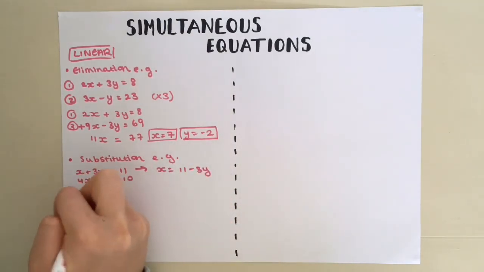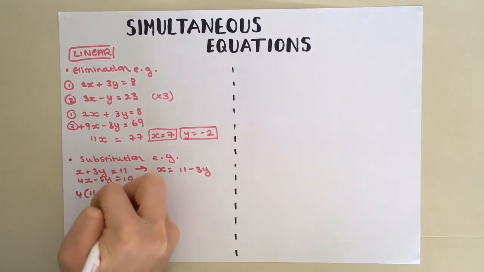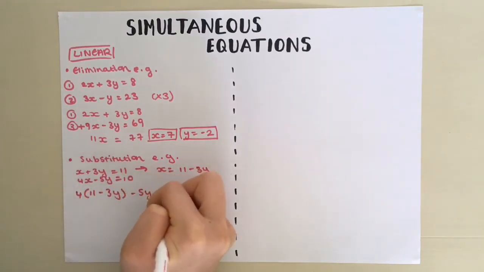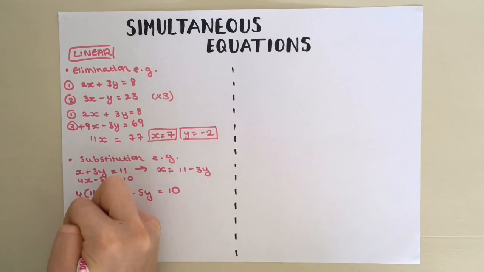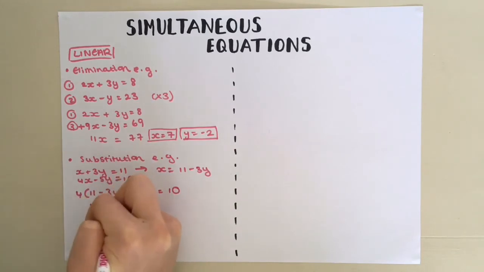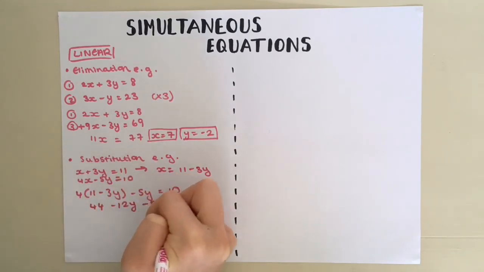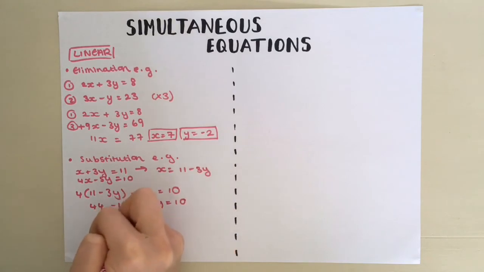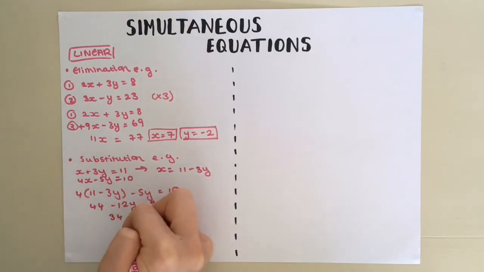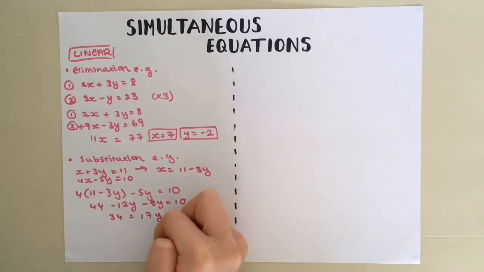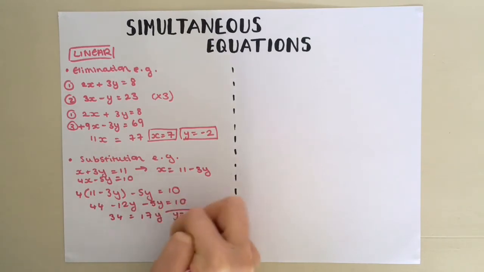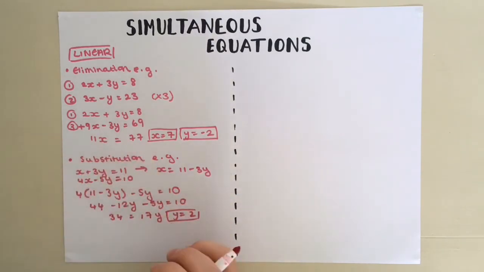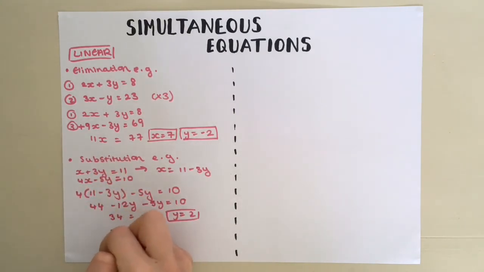So 4 times 11 minus 3y minus 5y equals 10. And we can multiply out this and rearrange it. Therefore 34 equals 17y, y equals 2. And then again, like we did with the first one, you substitute this y value back into one of these to give us x equals 5.